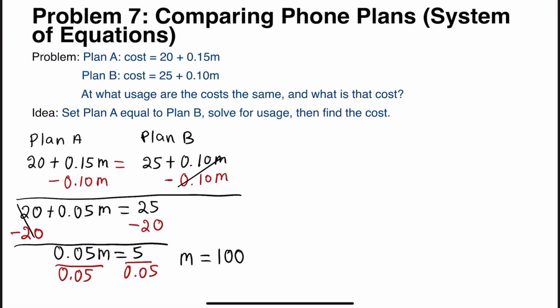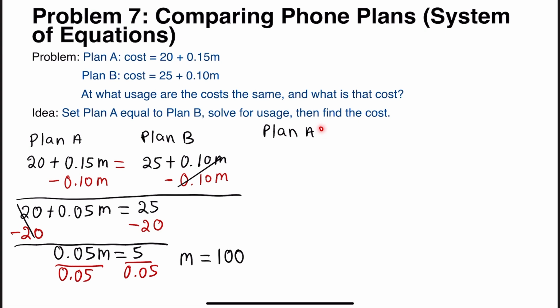So you can see that, right? But what is the cost? Let's go ahead and check that. So let's find the common cost. And I'm just going to rewrite the plans over here, and I will be replacing them with m at 100. So starting with plan A, the original, plan A is right here.